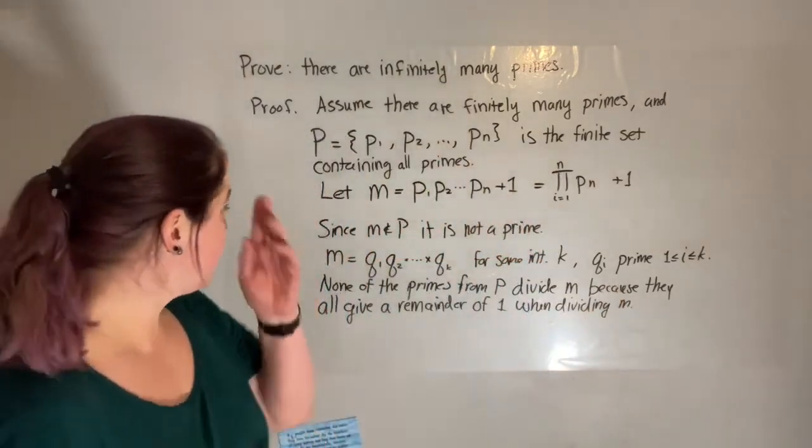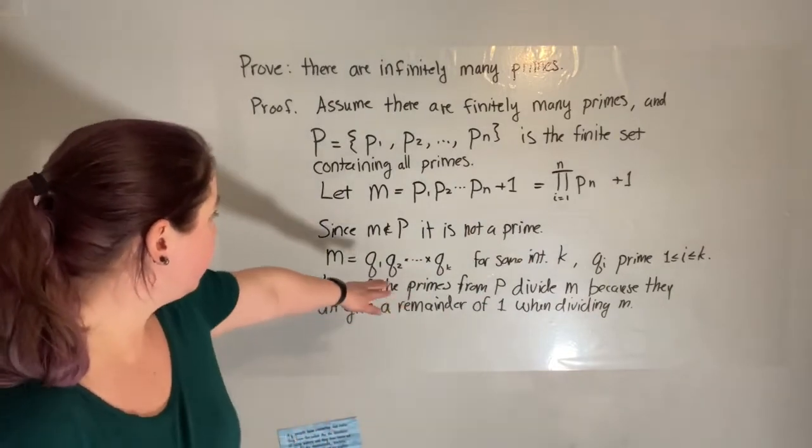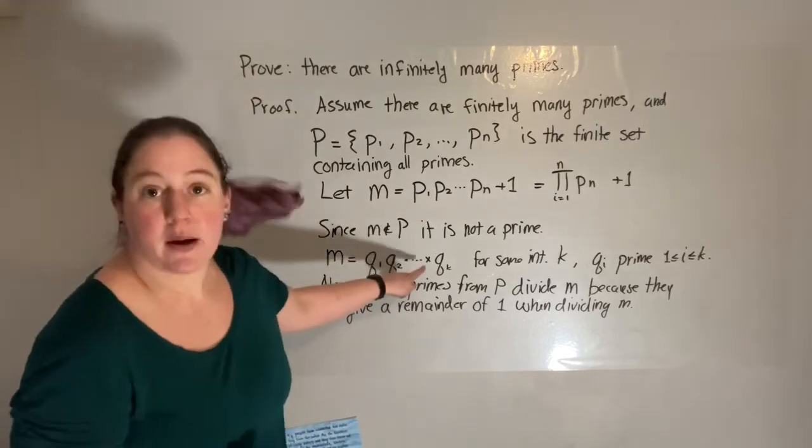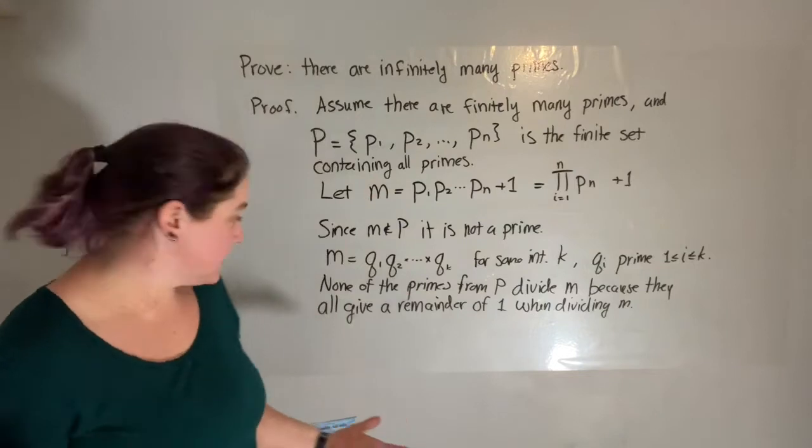So then what this means is that if none of the primes from P divide M, it means that all of our primes in our factorization here are not in this set. There are other primes.